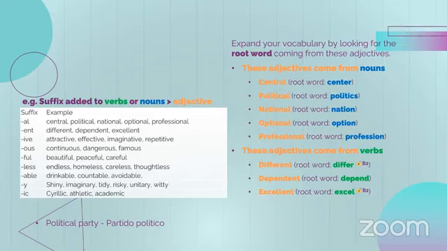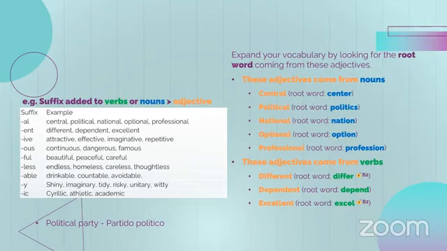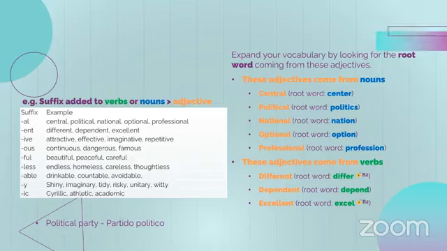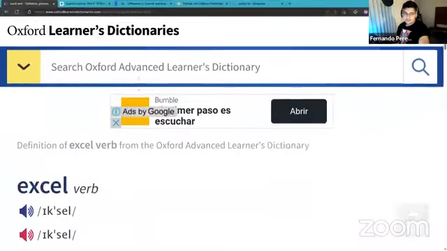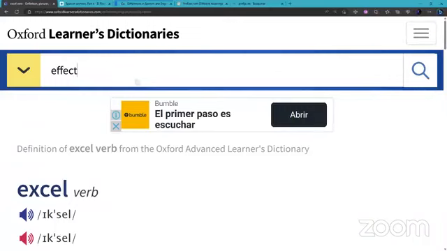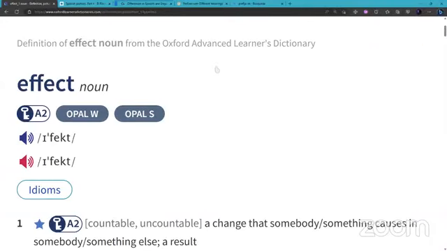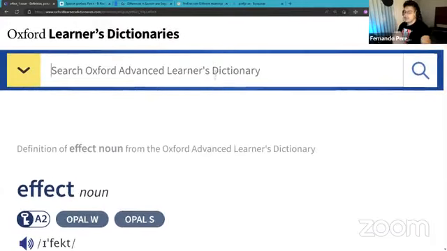Effective comes from the word effect. It's a noun, effect.